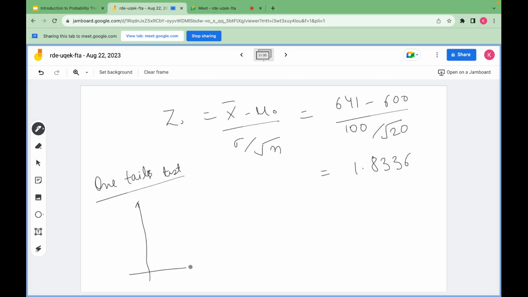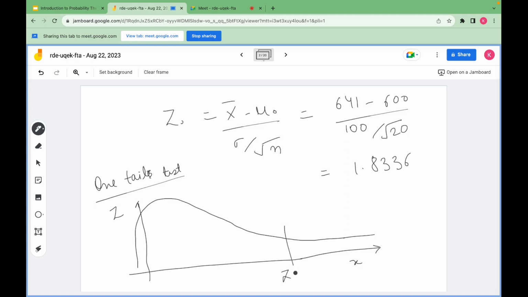Now this is a one tail test, so the distribution of Z will look something like this. We need to calculate Z alpha, Z 0.05, which will decide our critical region.